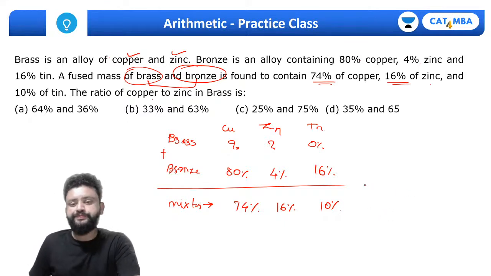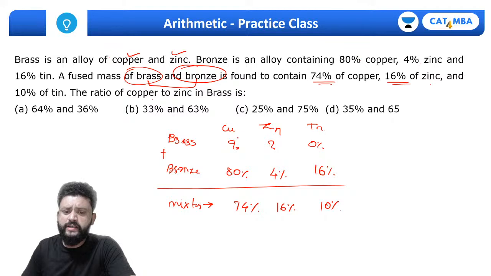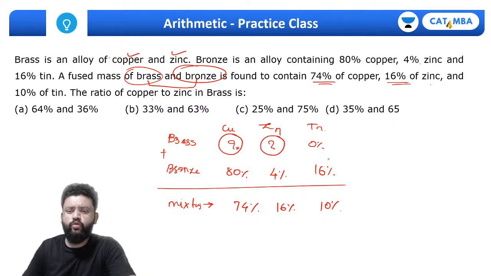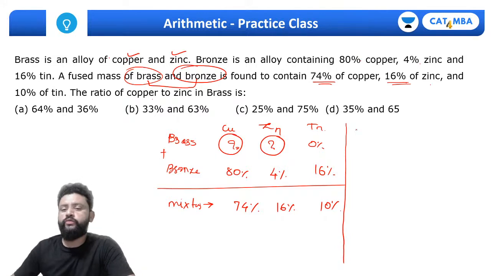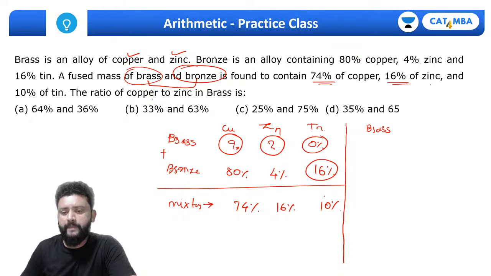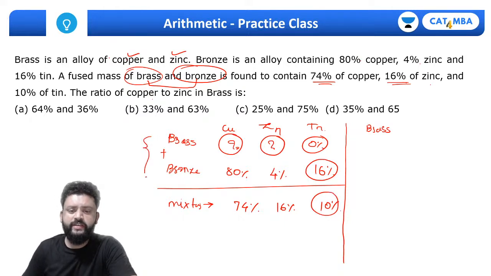So we don't know the percentage of copper and zinc, but what we can do is use mixtures and alligation, where I can use the concentration of tin to get the ratio of the quantities in which these two, brass and bronze, are mixed.